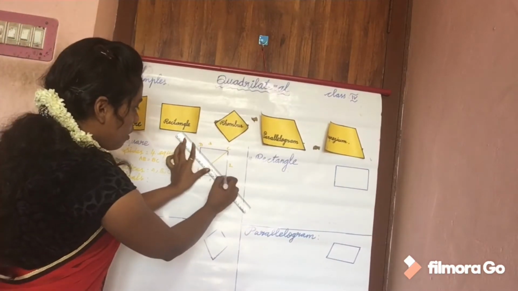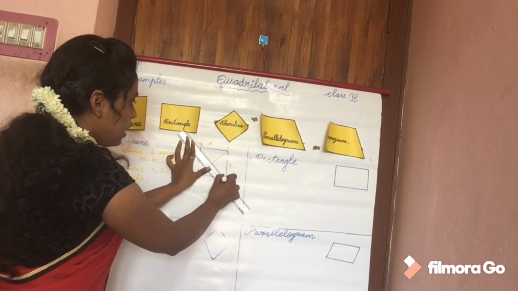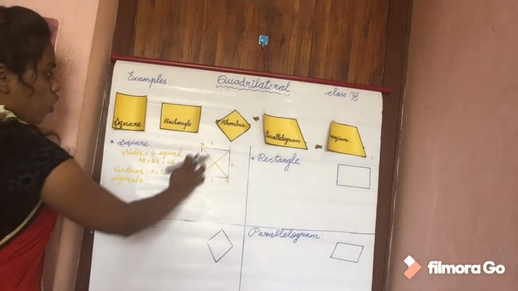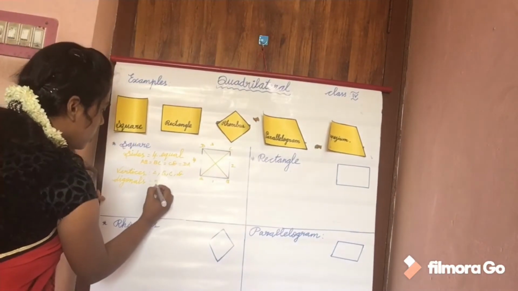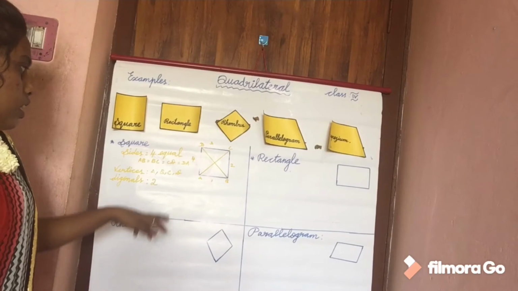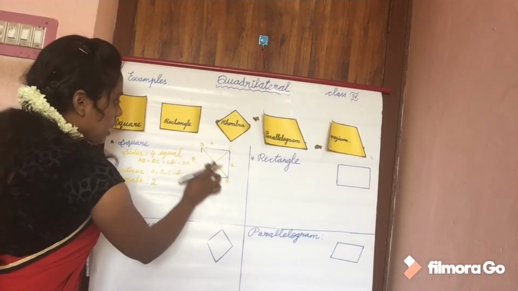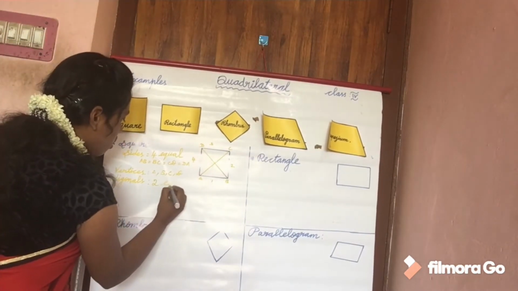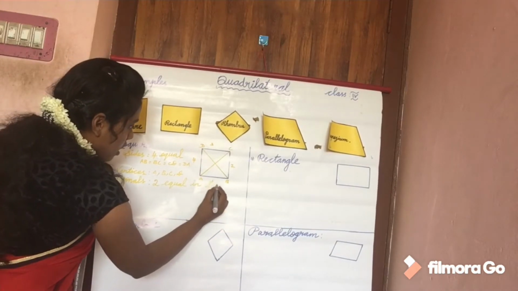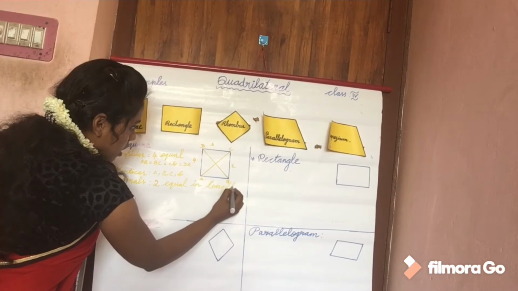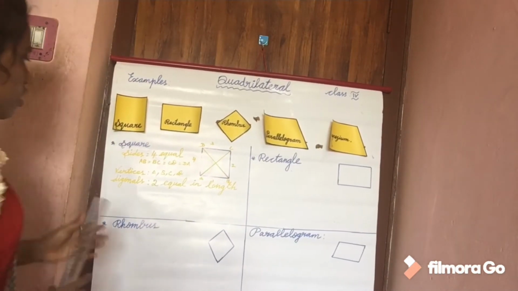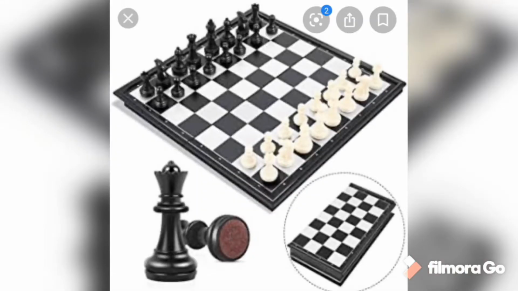Likewise, a line from B to D is another diagonal. In a square, totally how many diagonals are there? Two diagonals. Then the diagonals are also equal in length. Examples of a square are a carom board and a chess board.